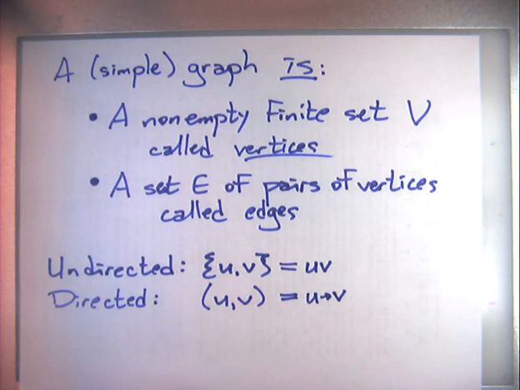So for example, I can define a graph over the set of people in this room. Each of us is a vertex in this graph, and I will draw an undirected edge between two people if they know each other's name. Or I could define it as a directed graph from person U to person V if U knows V's name.